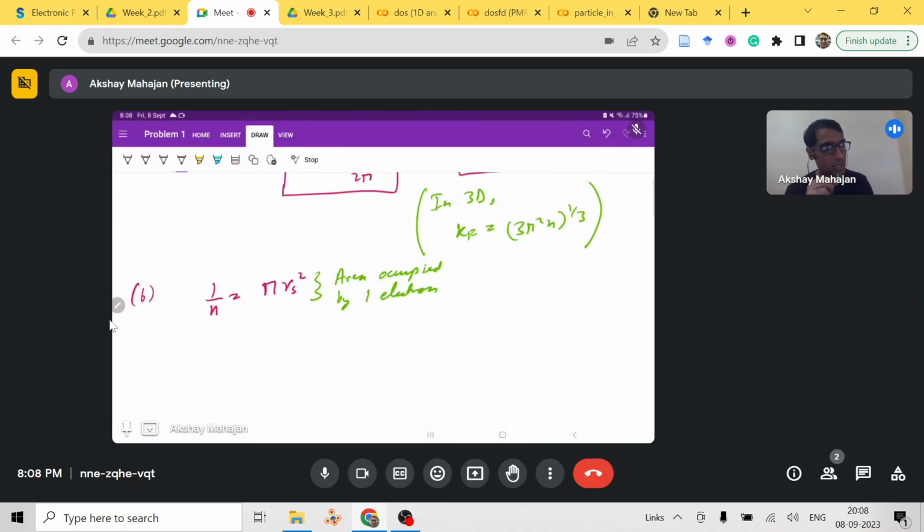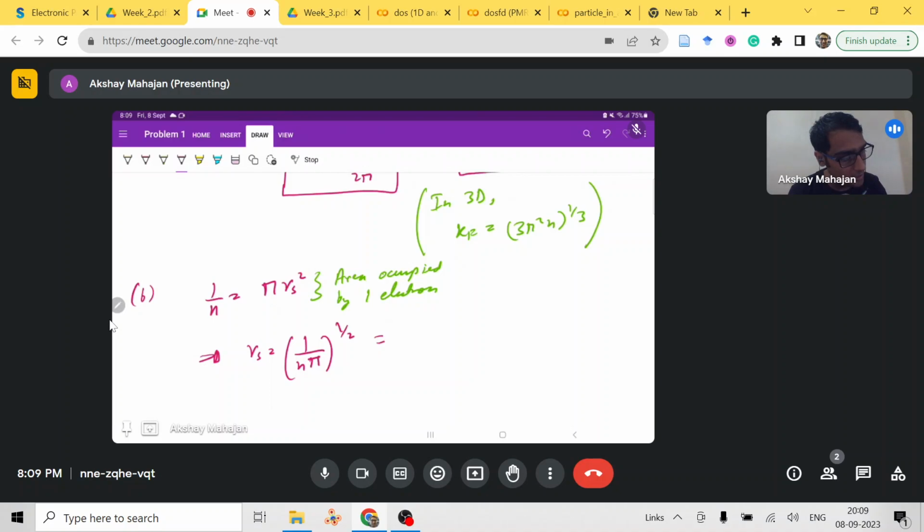So this is 1 by n equals pi rs square, which is the area occupied, and we just want the relation between rs and kf. We know the relation between rs and n. This is the area pi rs square, and I can write rs equals (1 by n pi) to the power 1 by 2.